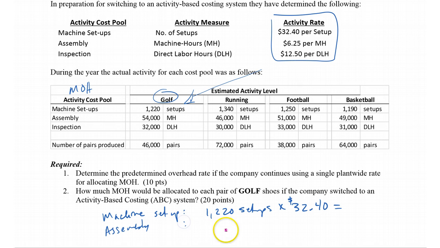The assembly is 5,400 machine hours, and the overhead for that is $6.25 per machine hour. And finally, the inspection is going to take 32,000 direct labor hours, and we allocate direct labor hours for inspection at $12.50.